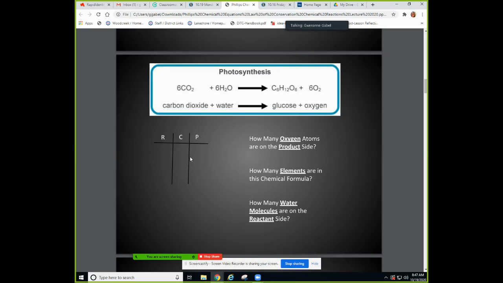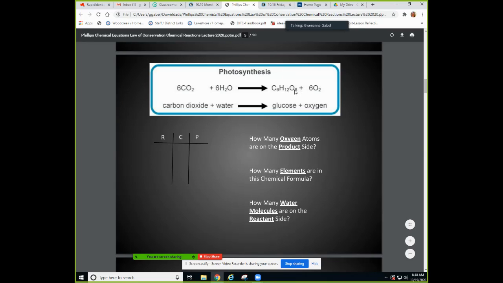So for chemical equations, what you're expected to do in 8th grade is calculate the number of atoms in this equation. So this first example says how many oxygen atoms are on the product side. So your first step is going to identify which side of the equation is the product or the result. The right side of the yield sign. So on this side, it's asking us how many oxygen atoms.